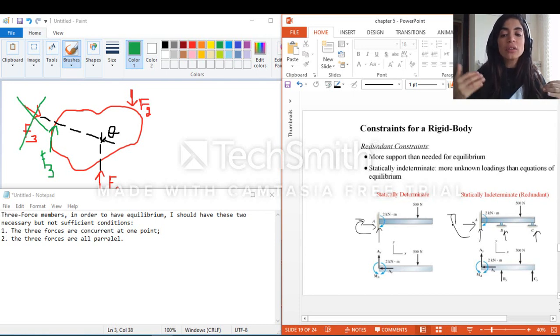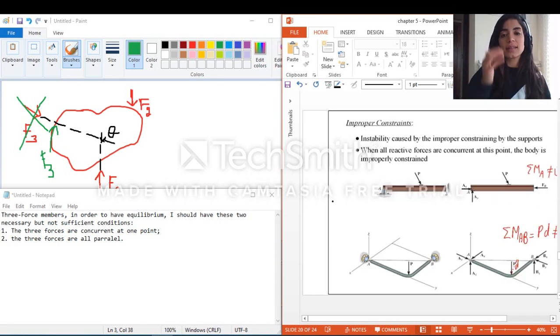So this beam is called statically indeterminate because I have more unknowns than the number of equations for equilibrium.